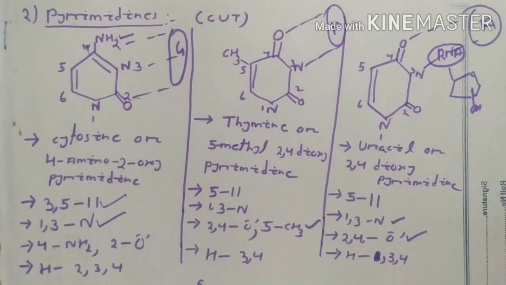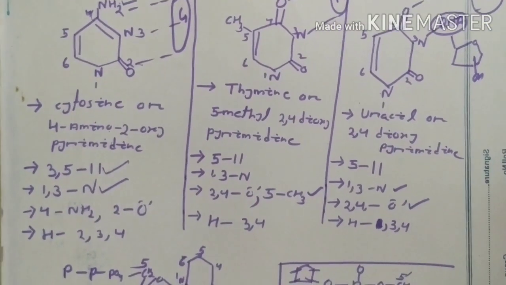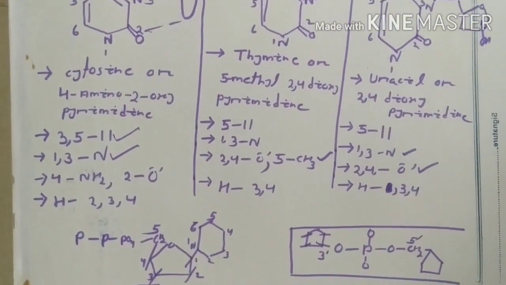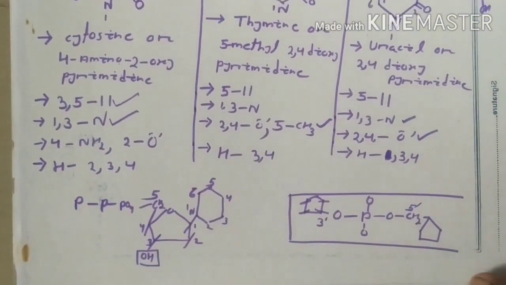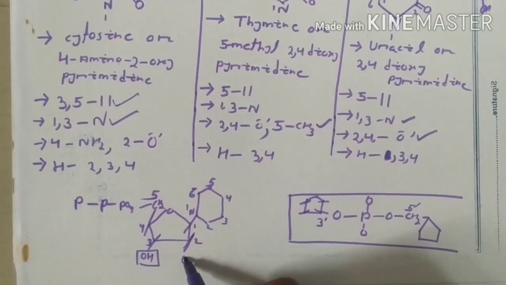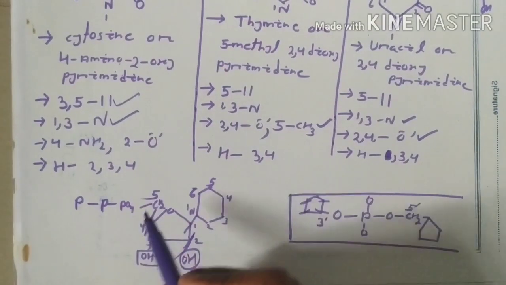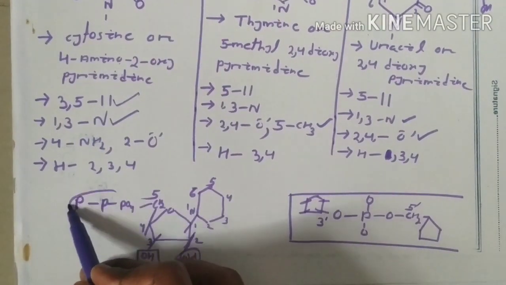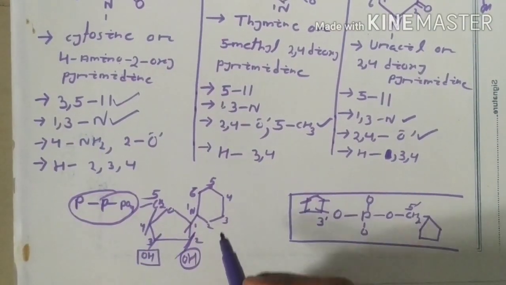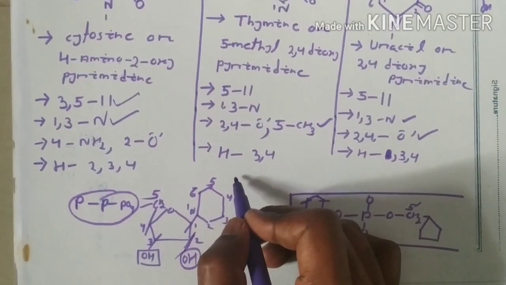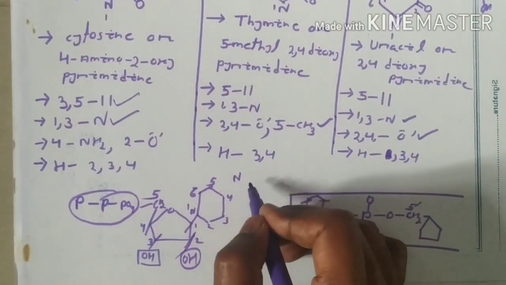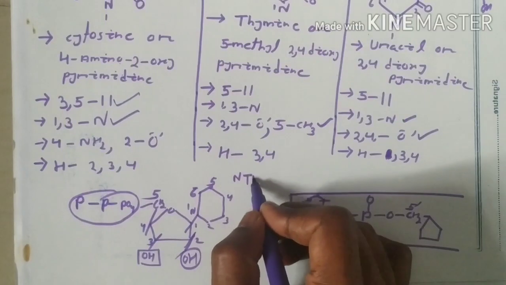Okay, let's see the structure of nucleotide present in RNA. In the RNA there is a 2' group that contains a complete OH group, so it is known as ribonucleic acid, and in both DNA and RNA there will be primarily 3 phosphates, so it is known as nucleotide triphosphate, NTP.